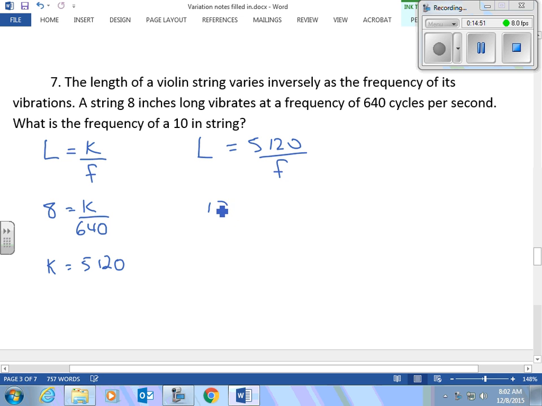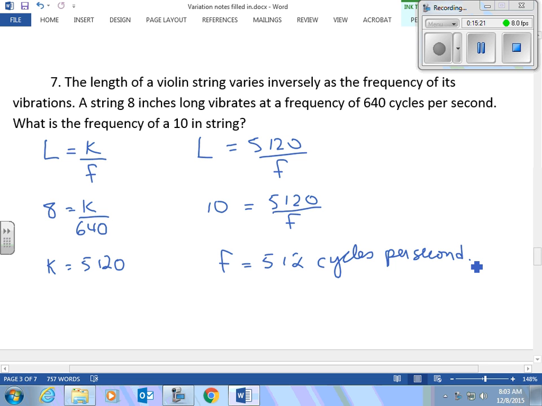So if we have 10 for our length, our frequency will be... We'll multiply both sides by f, divide both sides by 10, and we'll get a frequency of 512 cycles per second. Okay, so that's inverse variation. It's k divided by the other variable instead of k times the other variable.